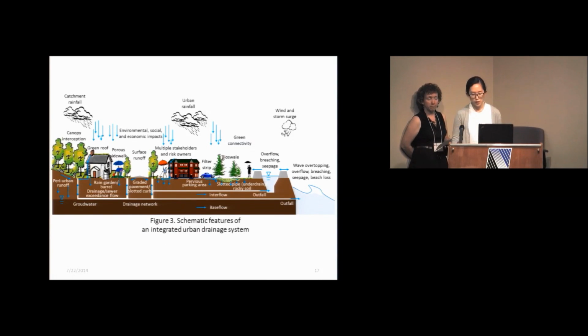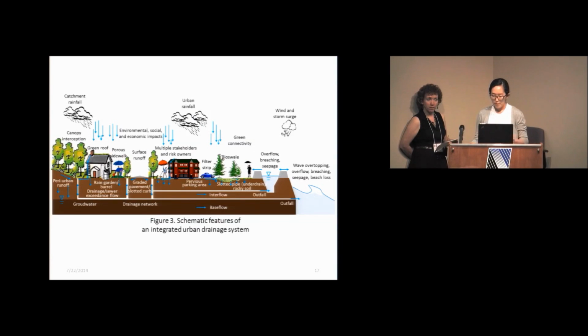Most of you already know, over the last century, urbanization has contributed to expansion of impervious area. So urban water systems have significantly decreased infiltration and evapotranspiration, and increased stream water velocity and increased flood risk.